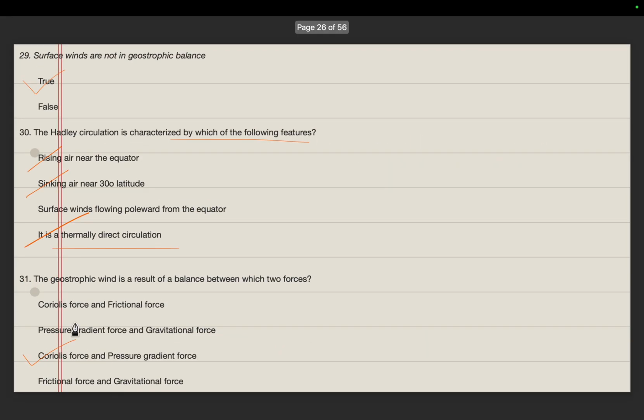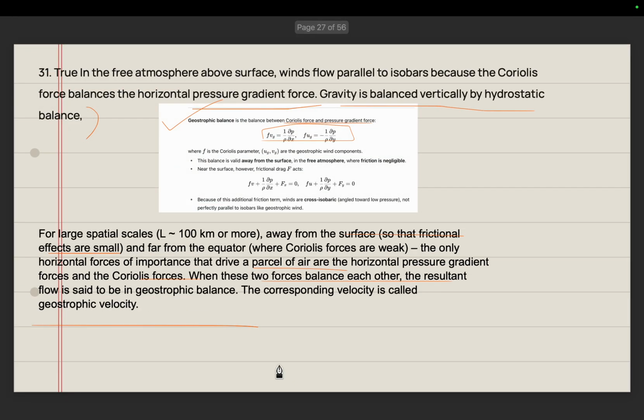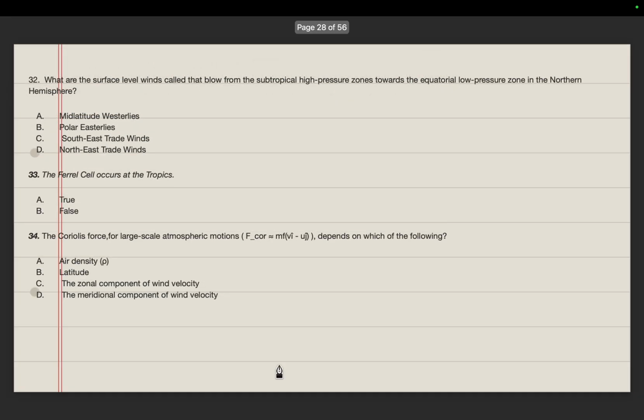So in this question, the geostrophic wind comes from the balance of the Coriolis force and the pressure gradient force. Now question 32.